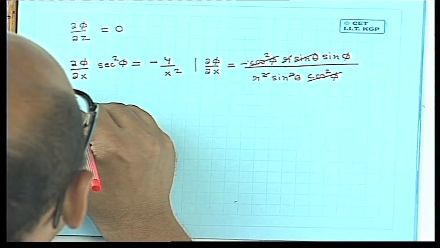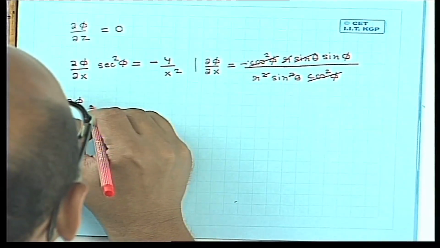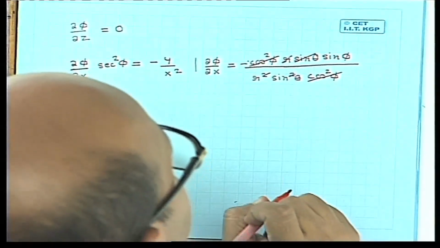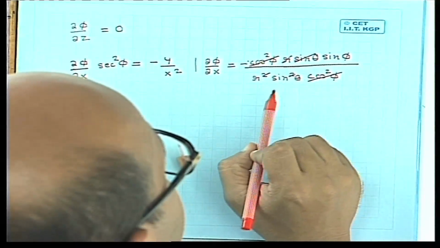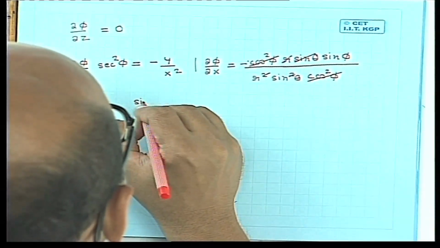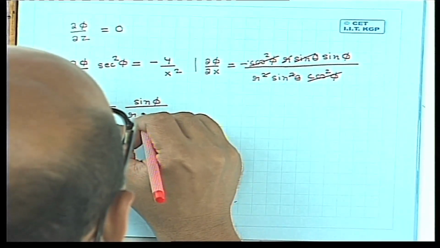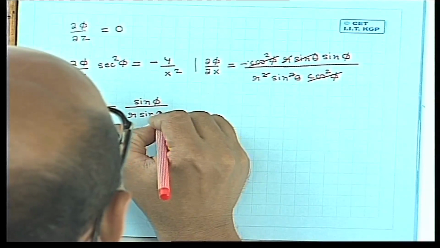So, del phi by del x is equal to minus sin phi by r sin theta.